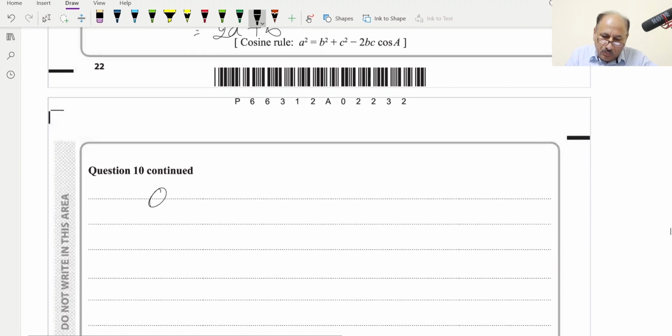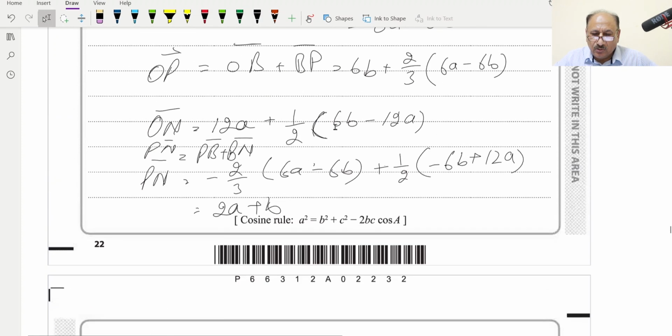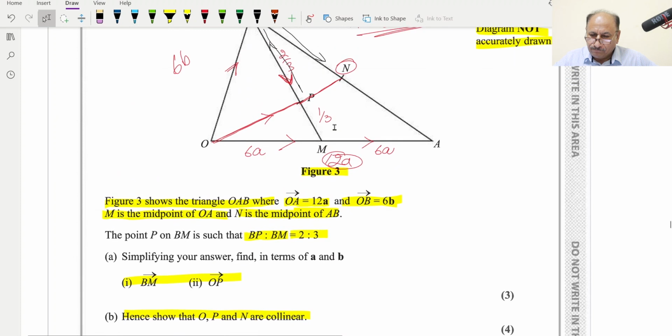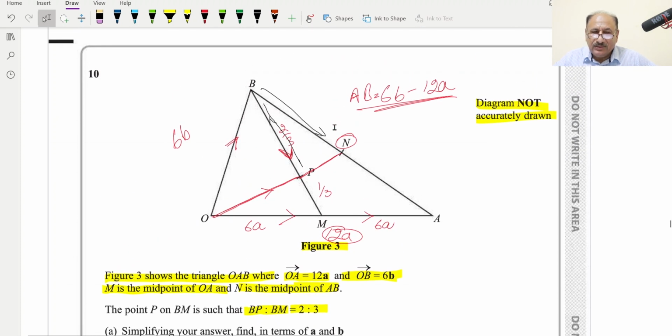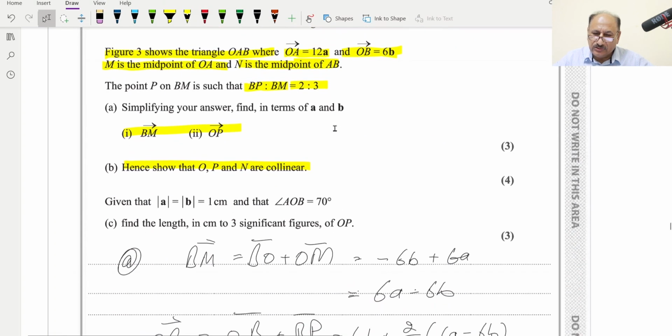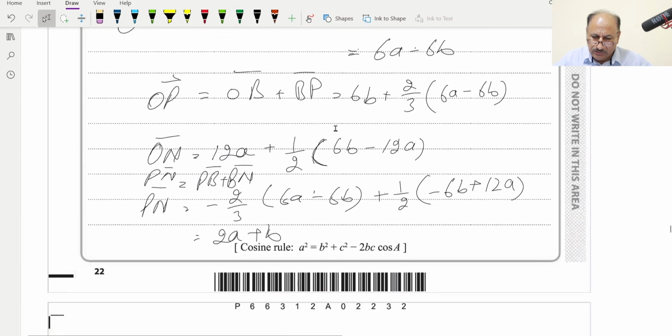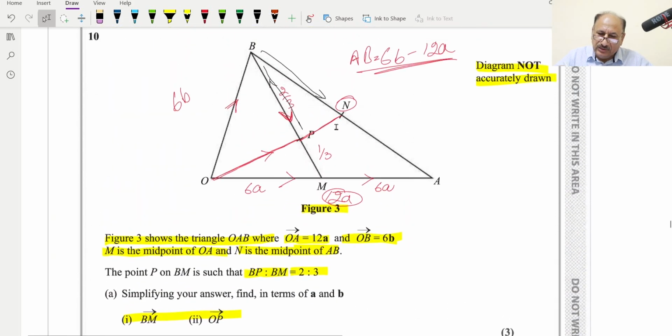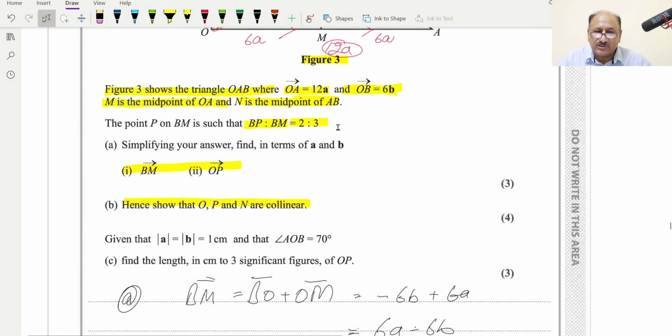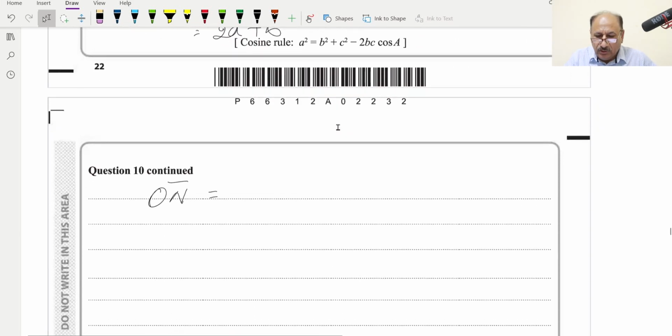Now we can find ON. ON is equal to 3 times 2a plus b, the same ratio which BM has, and 2a plus b is basically PN.